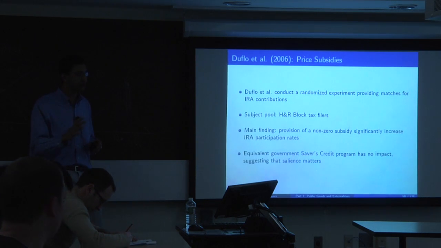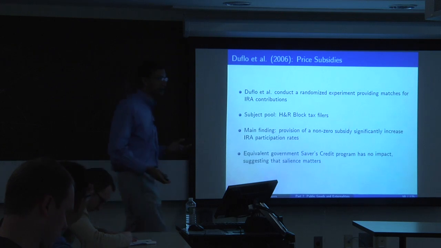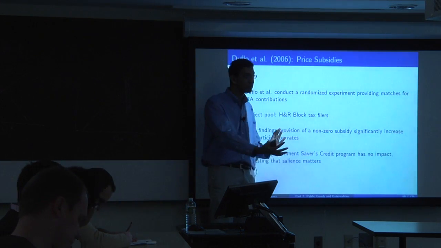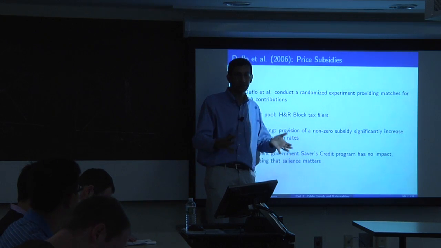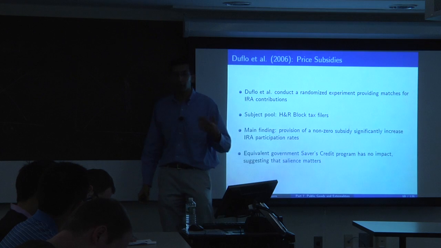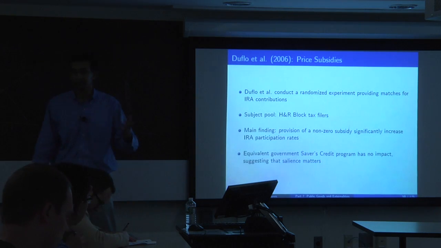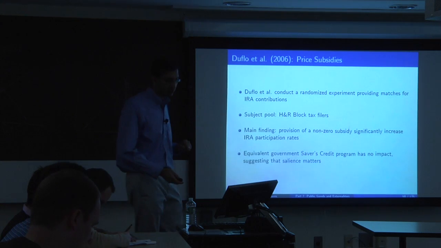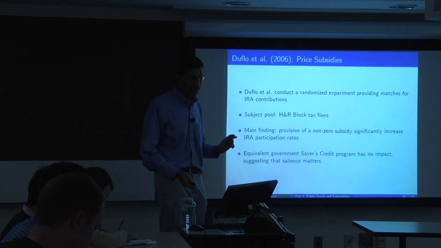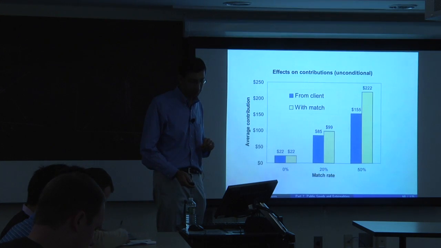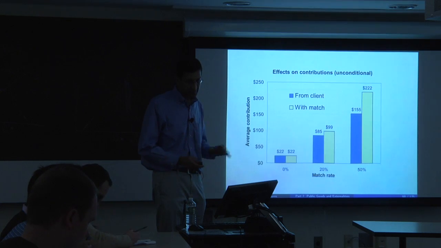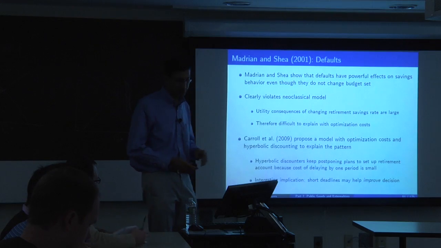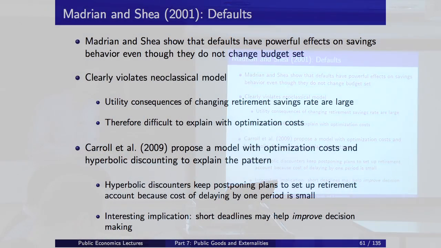And the way they interpret that is that salience matters quite a bit. When I tell you that I give you this 50% credit right now, you say, okay, well, that sounds great, I'll do it. Do I know about the Savers Credit Program and all of its various eligibility restrictions? Not really. You see much, much smaller effects. Okay, and so that salience theme is something that I'm going to come back to in a little bit. Okay, so that's price subsidies, and I think that's a pretty robust result that you find in many, many contexts.